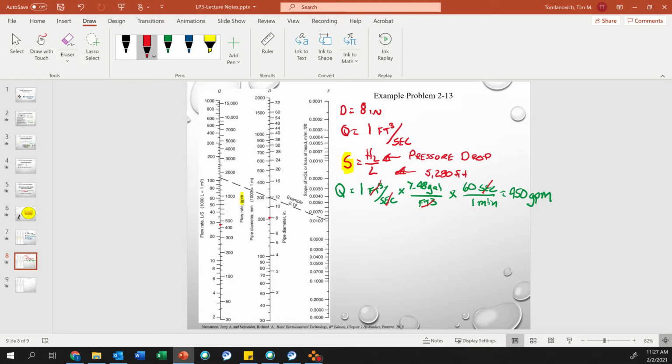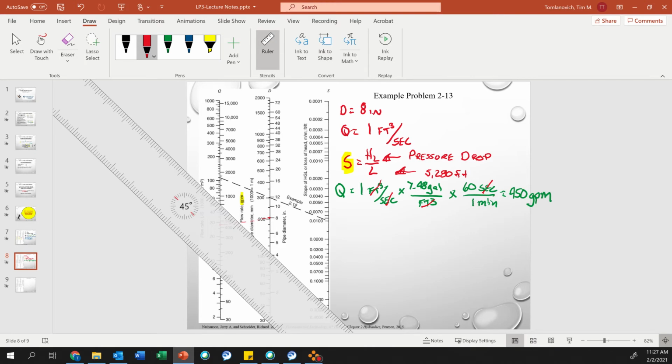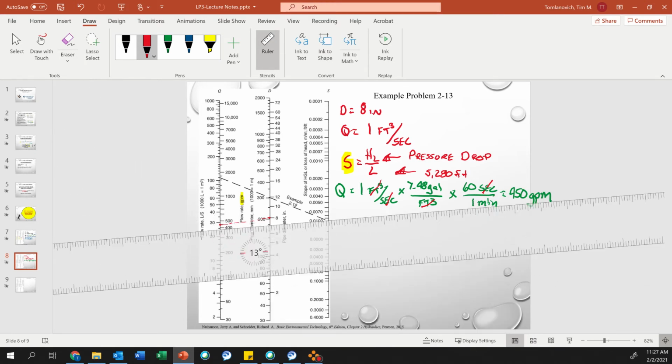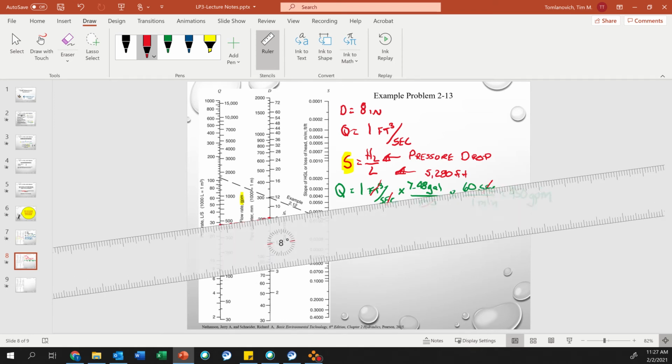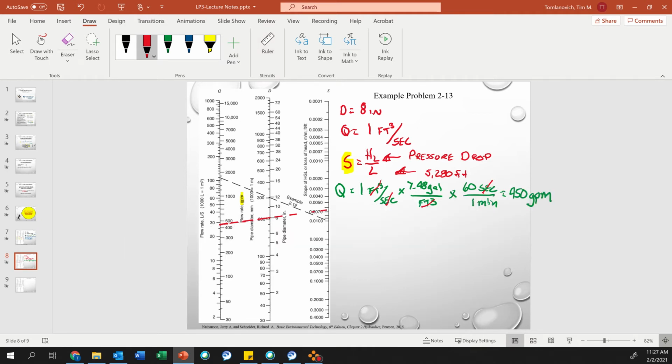Now what we need to do is pretend I have a straight line here. Oh, look at this, I can connect these points. That is awesome, isn't it? So we know from the nomograph, S equals, so that's 0.0070 and that's 0.0060.